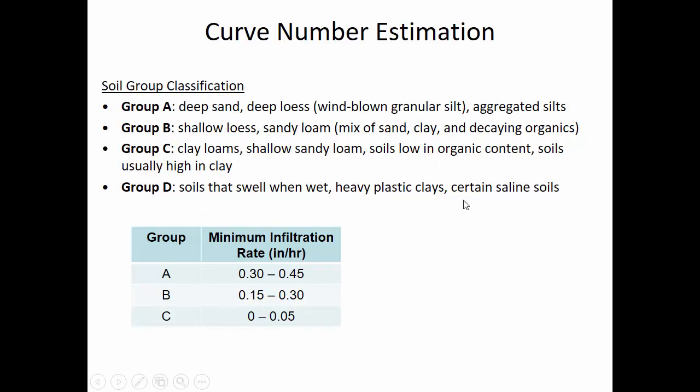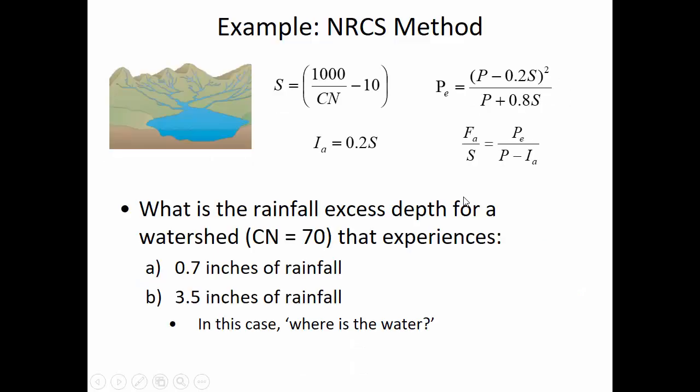All right. So now that we've talked a little bit about curve numbers, let's skip back to this example. And I'd like you to try and see if we had calculated a composite curve number for a watershed, and the curve number was 70, then how much rainfall excess would we expect if there's 0.7 inches of rainfall or 3.5 inches of rainfall?